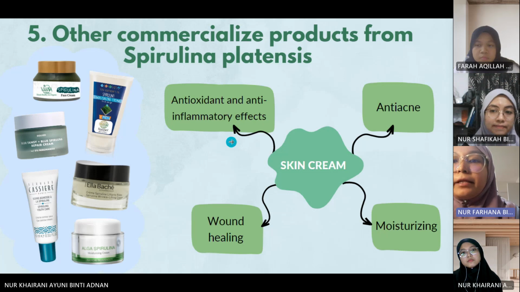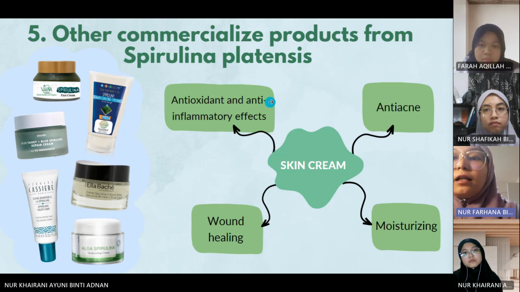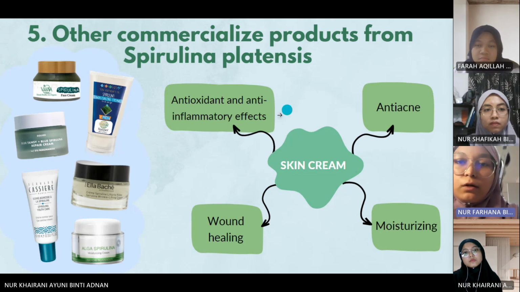Antioxidant is a man-made or natural substance that may prevent or delay some types of cell damage. As you know, spirulina contains a lot of photosynthetic pigments such as chlorophyll and especially phycocyanin. It has the potential to act as an antioxidant agent that will protect the skin against UV radiation. As an antioxidant, spirulina may reduce skin hyperpigmentation and protect the skin against sun-induced damage by inhibiting the ROS-induced damage to the dermis or our skin.